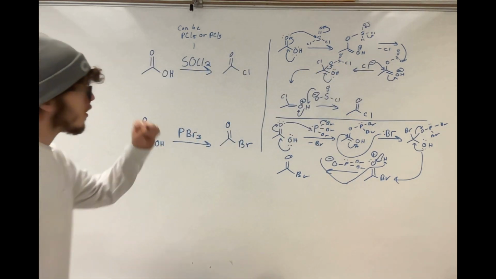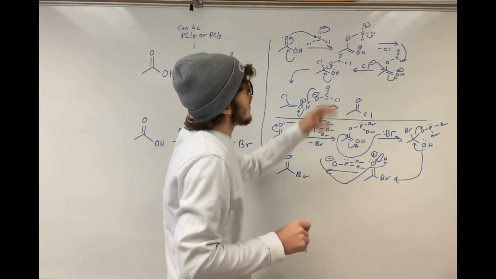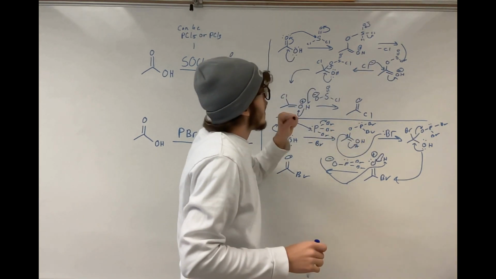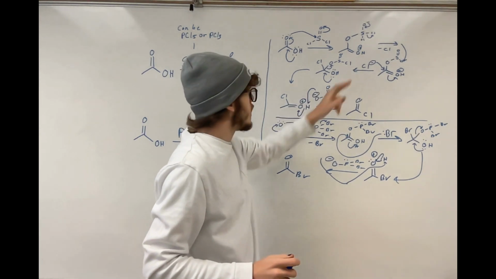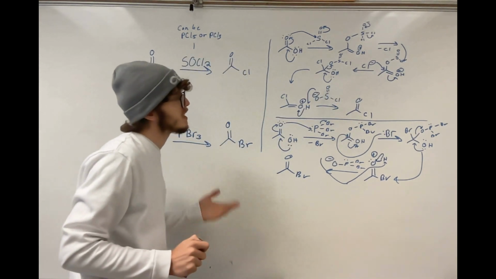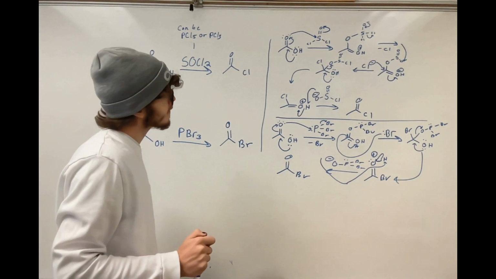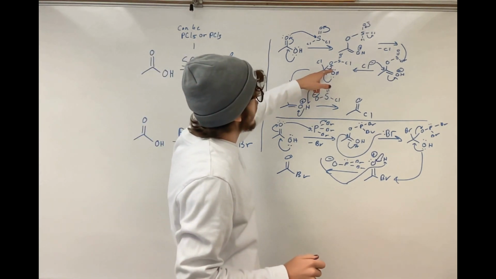It's going to use that pushing of electron density onto the carbonyl to kick off a chlorine on the group, or a bromine here. And what that will do is allow a free nucleophilic bromine or chlorine, respectively, to attack that unhappy protonated carbonyl, which then in turn leads to a leaving group.